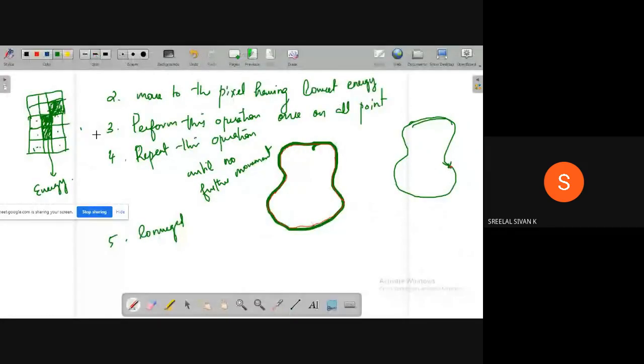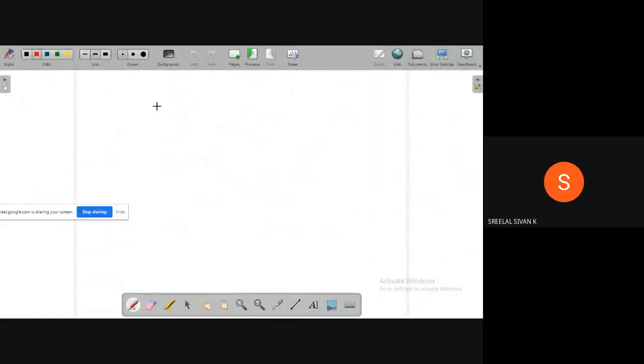There is an expression for finding the energy. E snake, the energy of the snake, is equal to the integral from 0 to 1 of E snake of V of S ds.